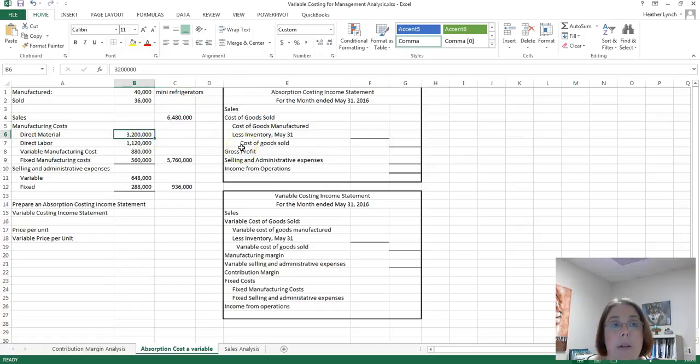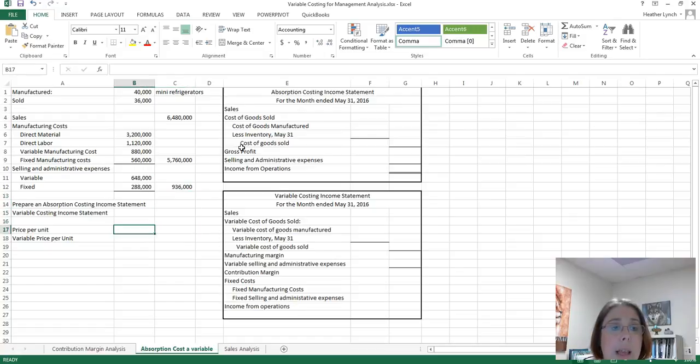We had direct material 3.2 million, direct labor 1,120,000, variable manufacturing 880,000, fixed 560,000. So that gave us 5,760,000. Our selling and administrative, we had variable of 648 and fixed of 288,000, totaling 936.